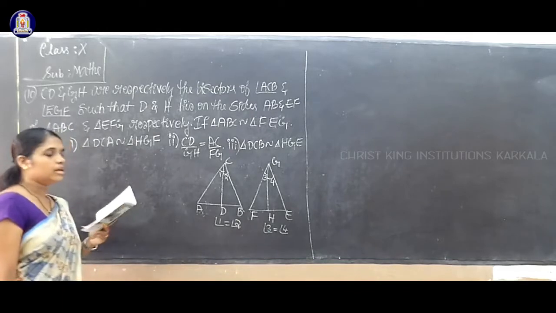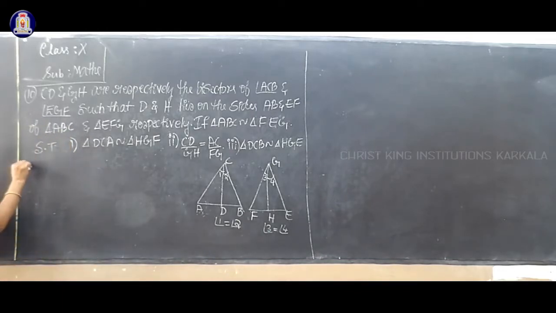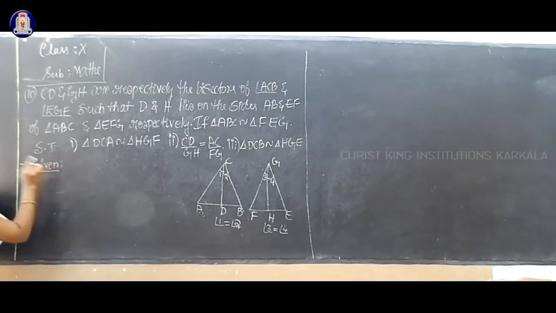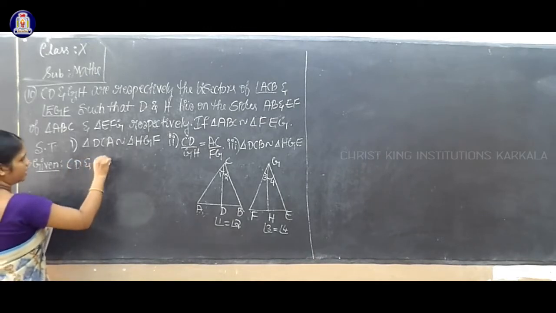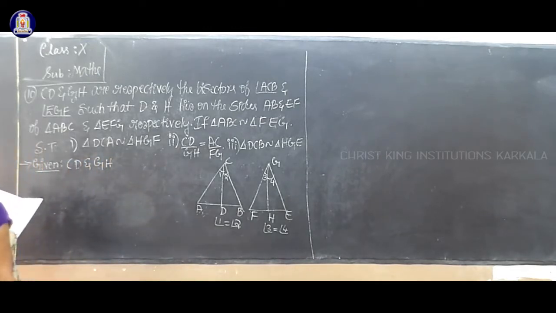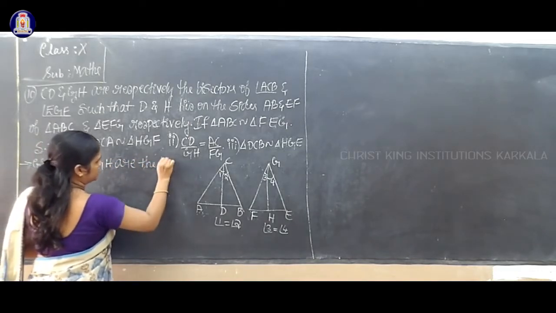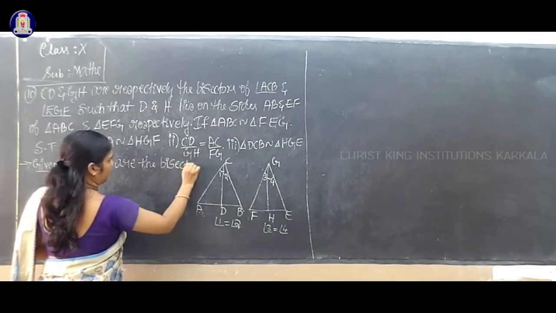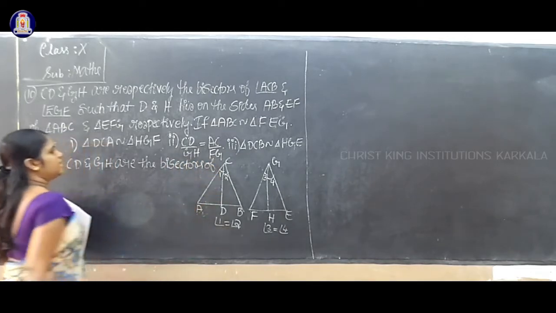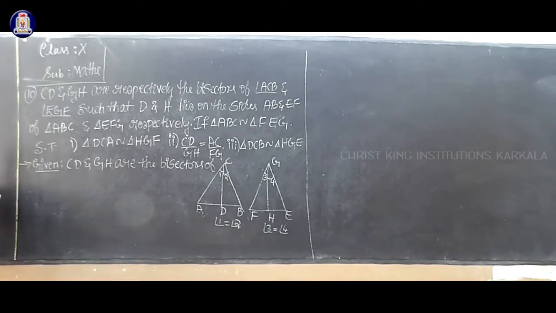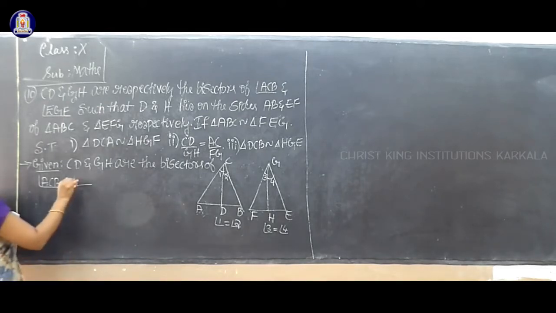So first I will write the given data, what they have given in the question. Given: CD and GH are the bisectors of angle ACB and angle FGE.